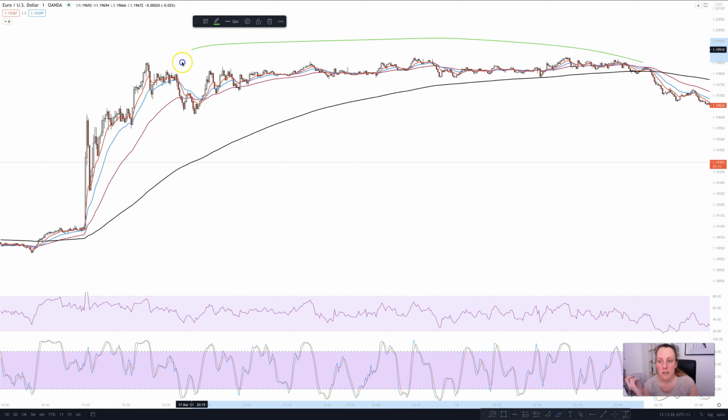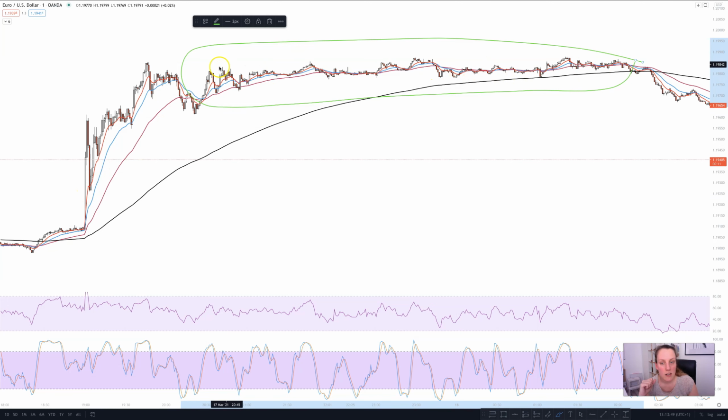If you are in this period of this ranging market, you see that all the EMAs are not far enough apart. They are really at the same place. They are going into one EMA at some times, but you don't have this much space between the EMAs.